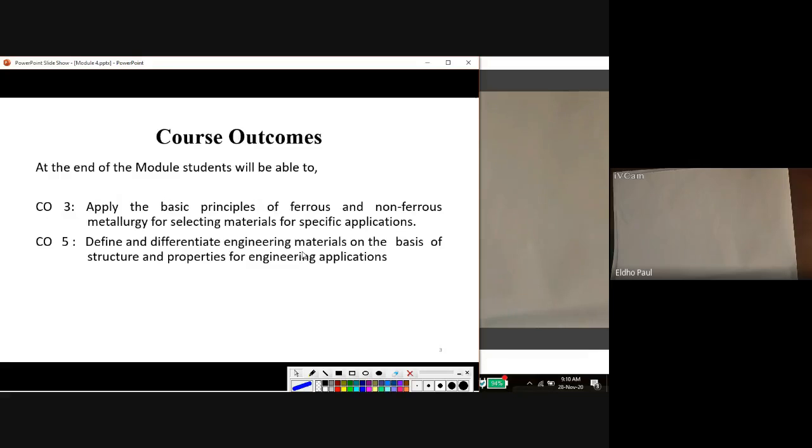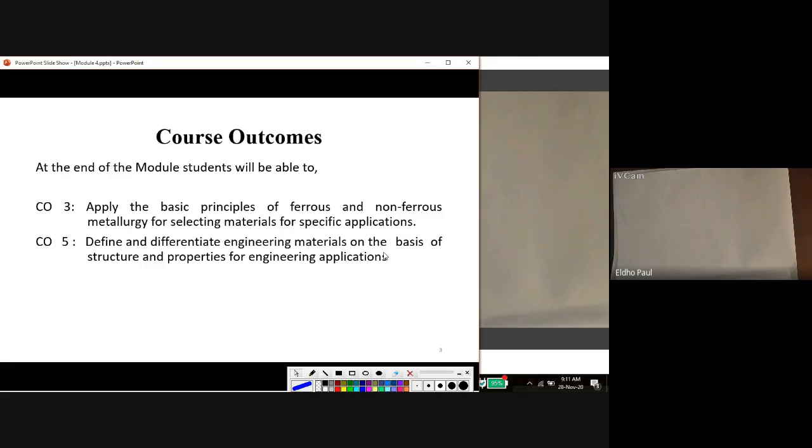So these are the course outcomes. We have two outcomes we can achieve from this module. At the end of this module, students will be able to apply the basic principles of ferrous and non-ferrous metallurgy for selecting material for specific application. After studying this module, you will be able to select a material for a particular application.